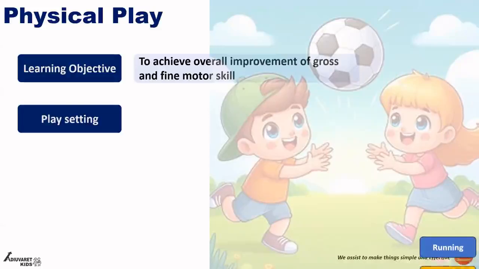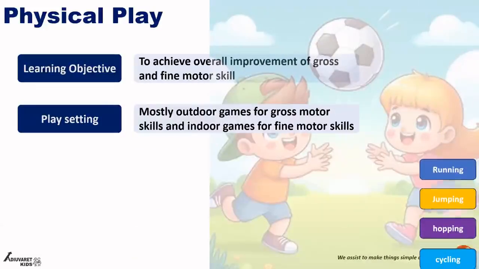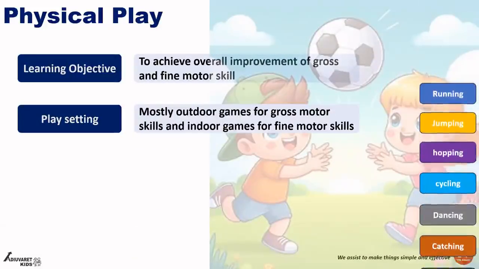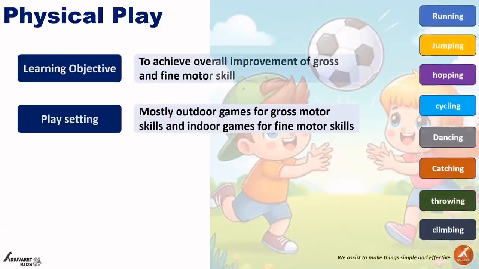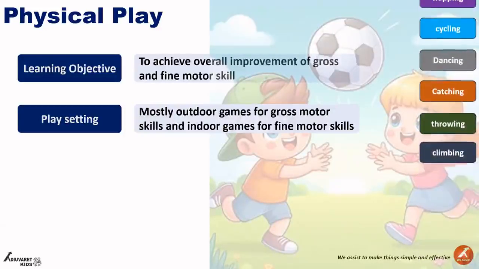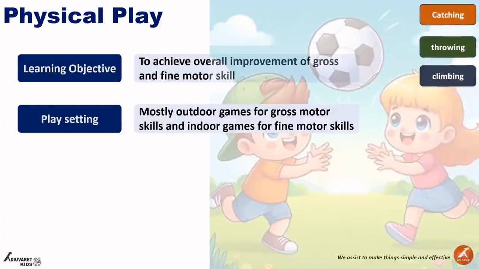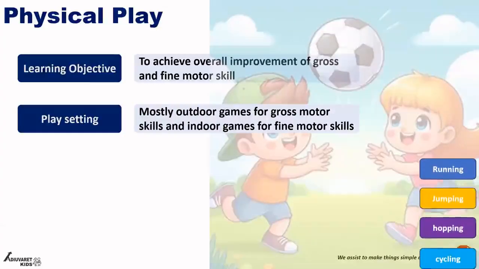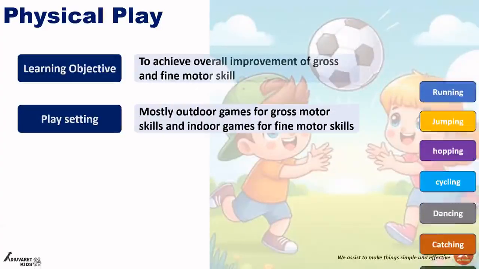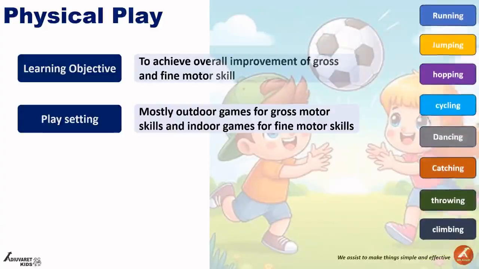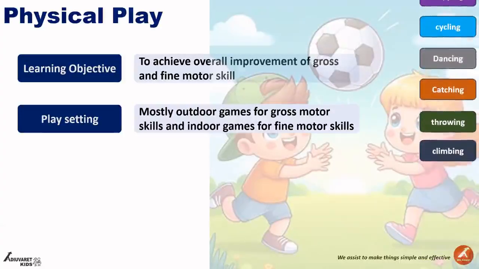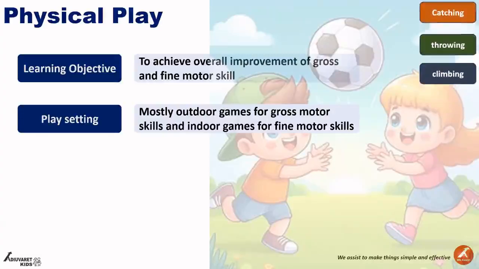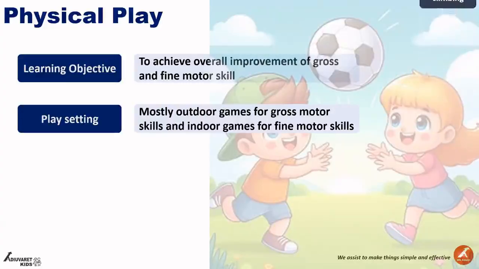Then, considering the play setting, outdoor physical play is done outside and is meant for development of gross motor skills. Indoor games, like clay work and folding of papers, are basically meant for the development of fine motor skills.